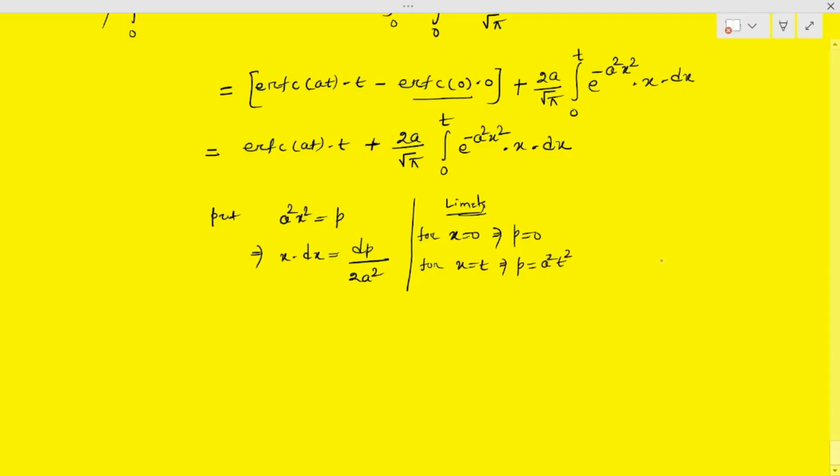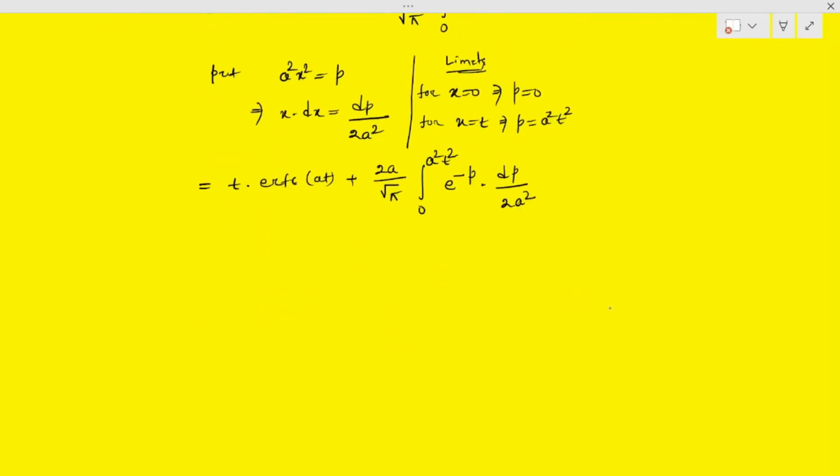So the above equation becomes t into complementary error function at, plus 2a by root pi, integral from 0 to a square t square of e to the power minus p, and instead of x dx it will be dp by 2a square.